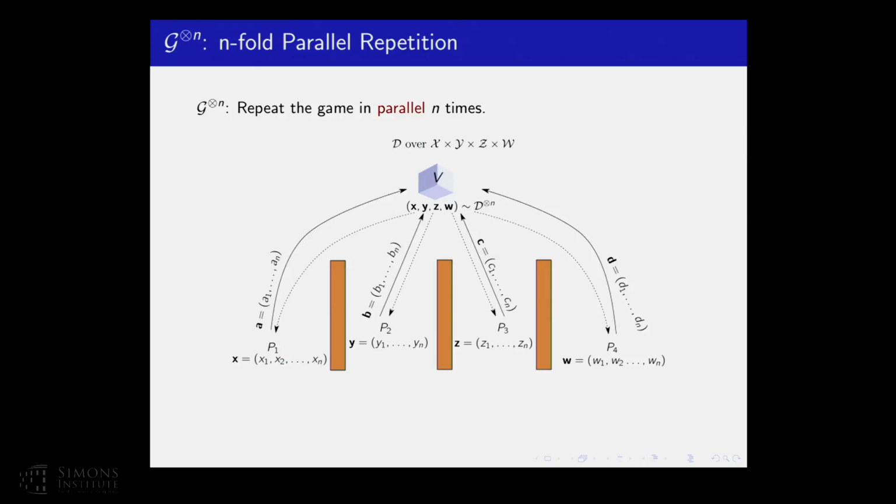Now they have to respond with answers on every coordinate. So the answer is now a vector, a1 to an. The verifier evaluates the predicate on every single coordinate, and the players win if they win every single coordinate. Of course this is much harder than just doing one instance at a time.